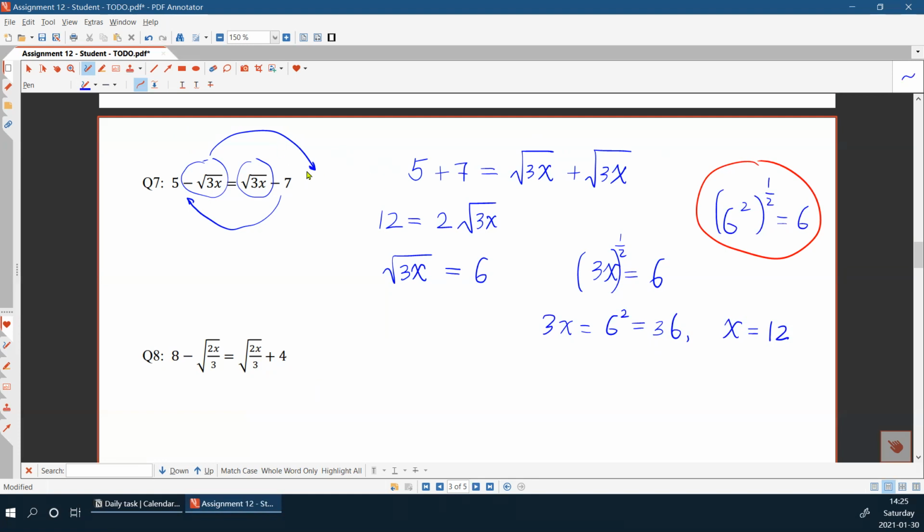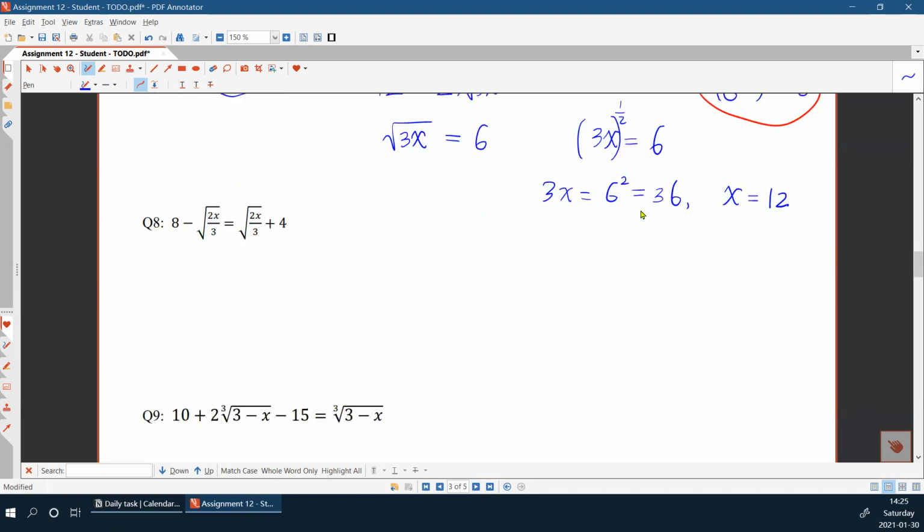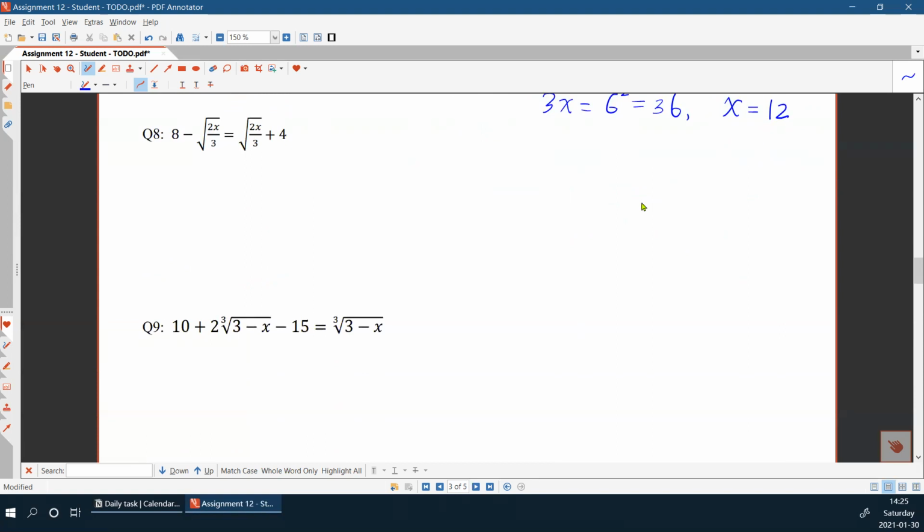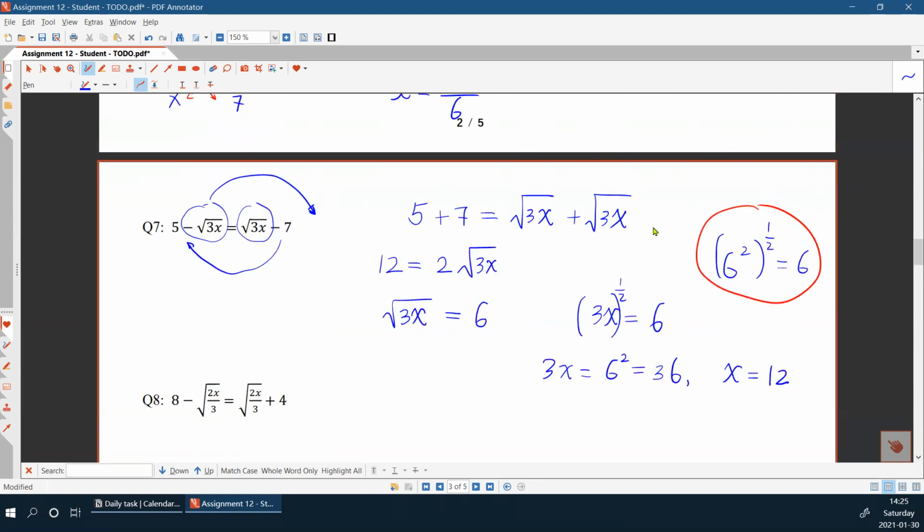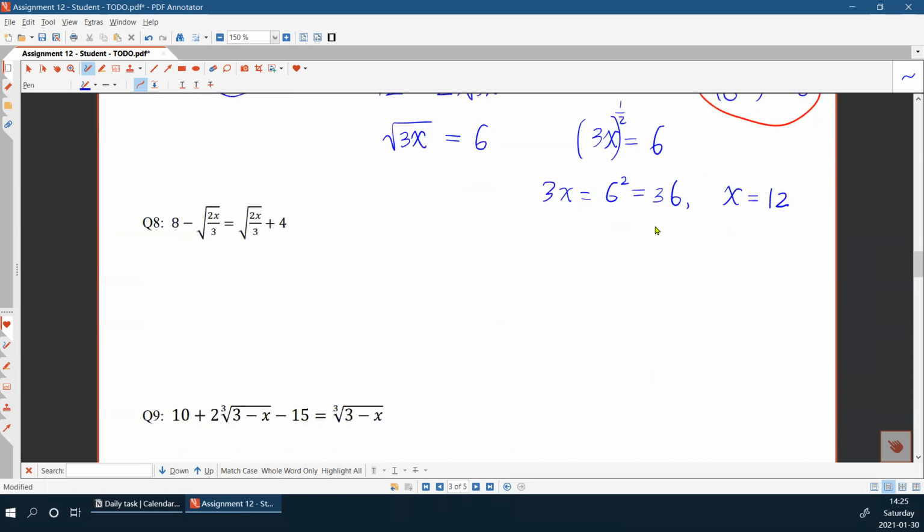Any questions? No? Okay, let's see the next one. Next one, note that on the left-hand side of the equation, you have something times square root 2x over 3, right? And on the right-hand side of the equation, you have square root 2x over 3.